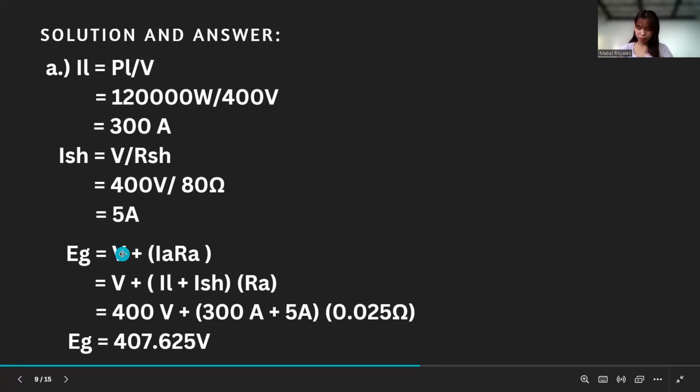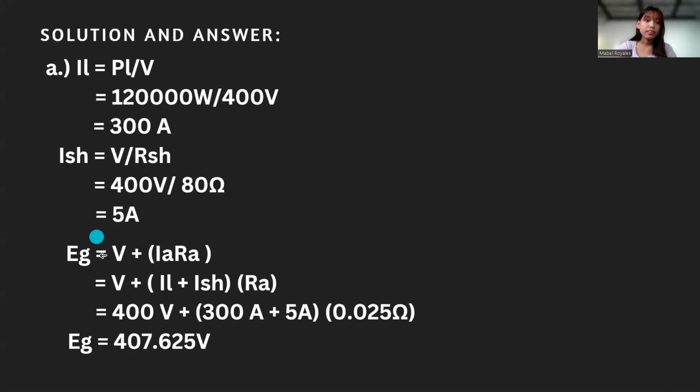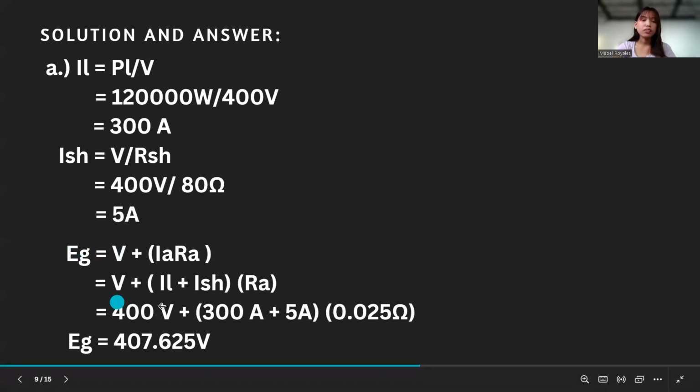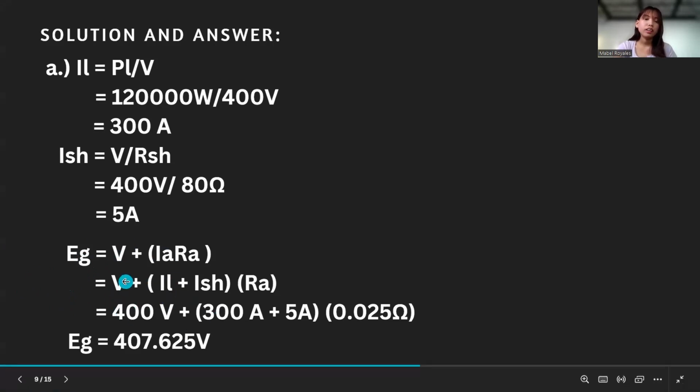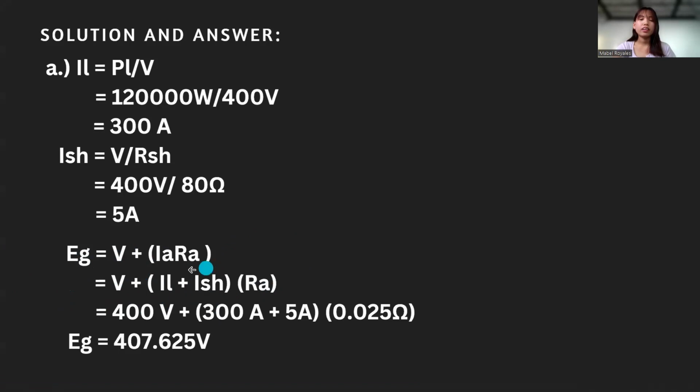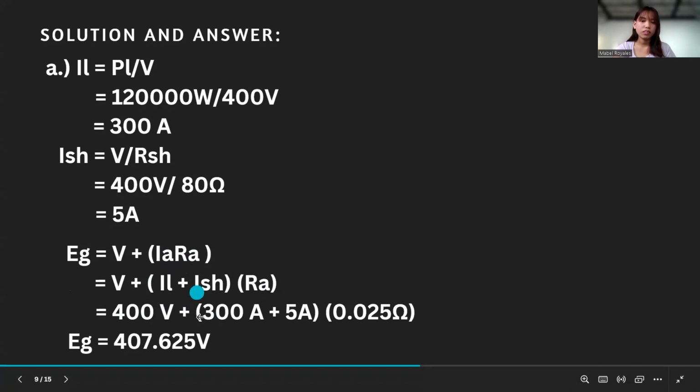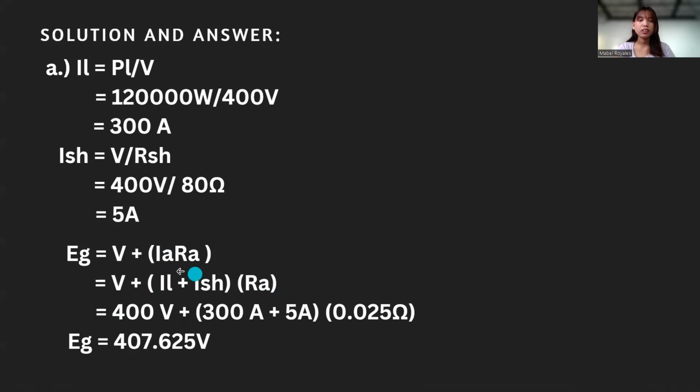For the generator, to get the EG: V plus the armature current times the resistance. We can also use the formula below, it is the same.